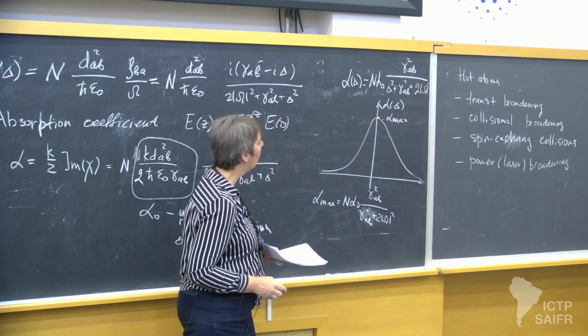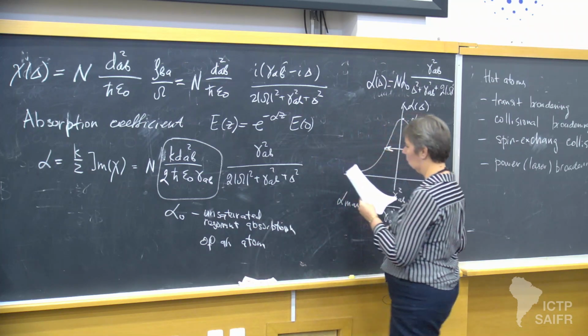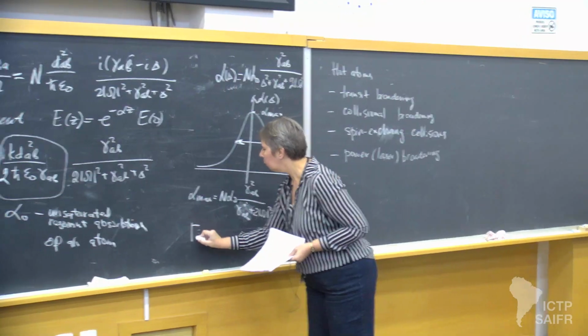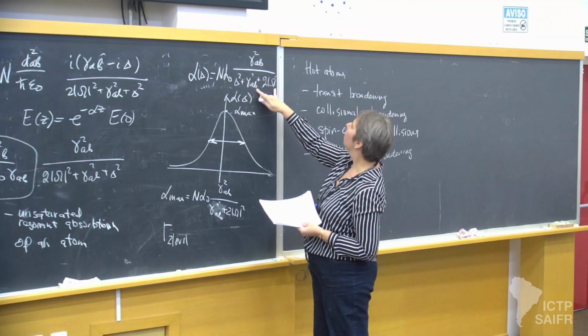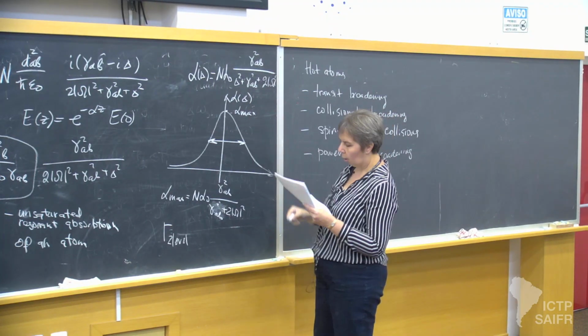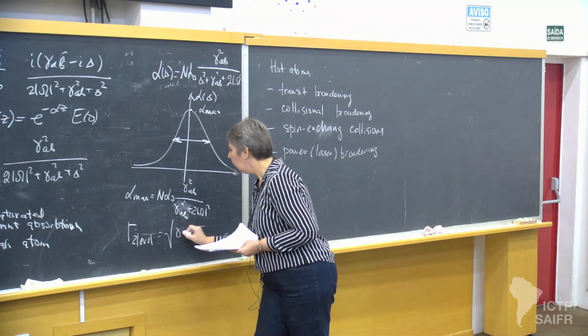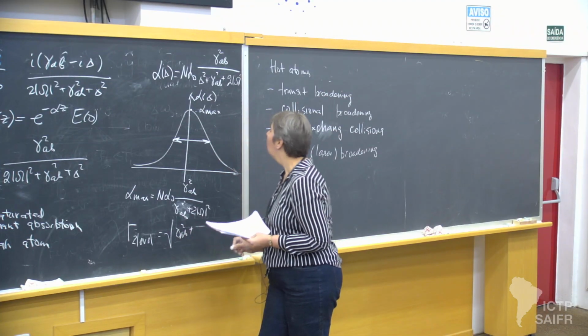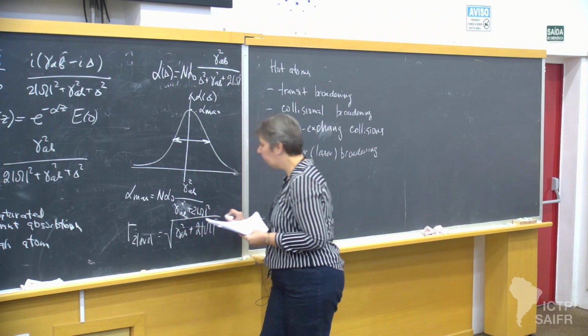Okay? And the width, let me call it gamma 2 level, that's basically the half width at half maximum. We can see that it's essentially the square root of gamma AB squared plus 2 omega squared.